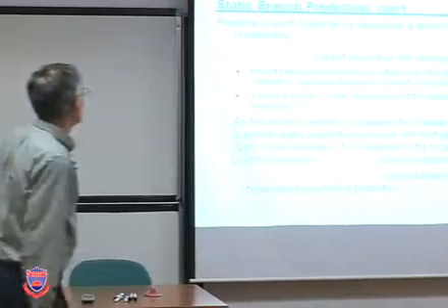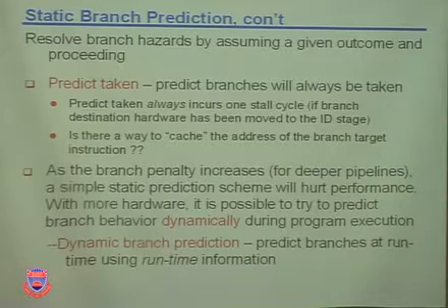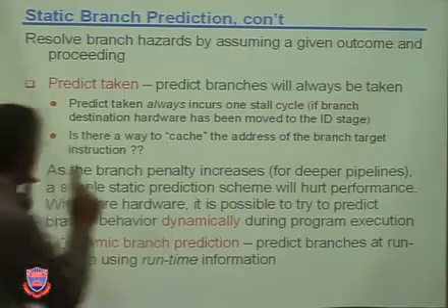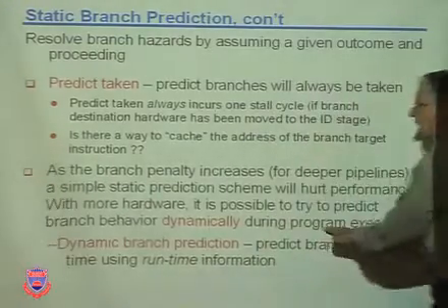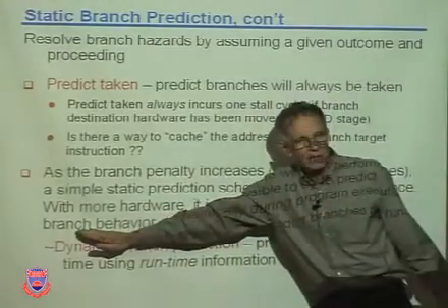Okay? All right, as the branch penalty increases when you get deeper pipelines, read the last thing here. Simple prediction schemes like we're talking about, which are called static, always go a certain way, will hurt performance. What we need is dynamic branch prediction, which with hardware support understands during program execution the behavior of our branches.